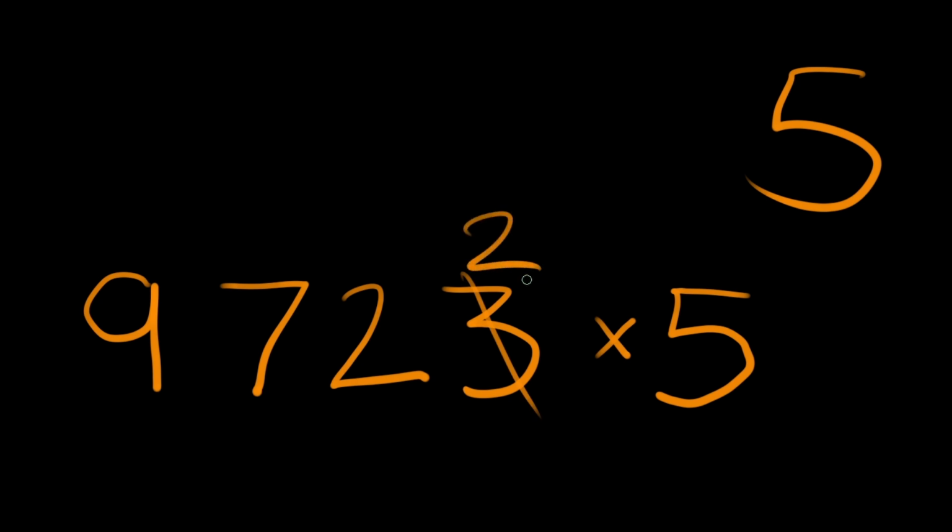Then we're going to move right to the other end of the problem. We're looking at this 9. What do we do with the 9? We park 1 next to the 7 because 9 is odd. We'll treat that 9 as if it's an 8. Then we cut the 8 in half. We end up with 4.